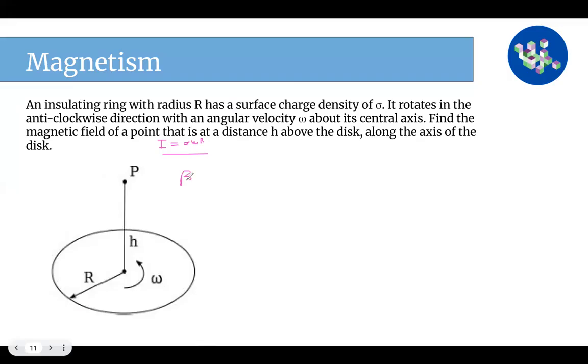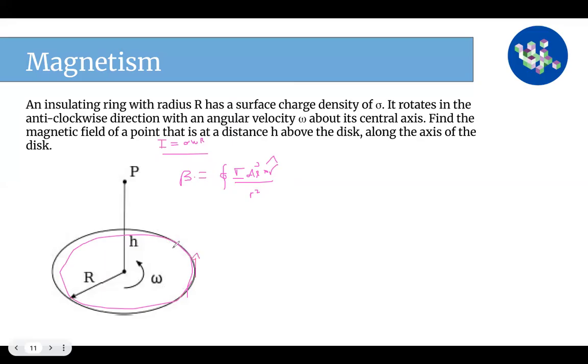Remember, the Biot-Savart law: B equals some closed loop integral of I dl crossed with the r hat vector, divided by r squared. So if I choose to integrate along the insulating ring, which I'll think of as a current loop, my dl will always be pointing tangentially.